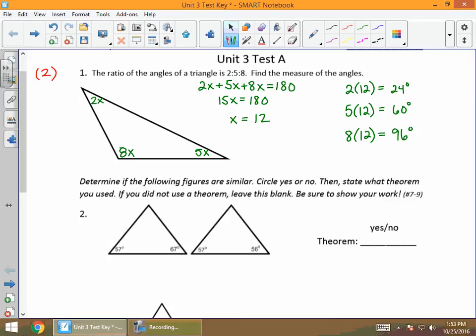So the second point came if you found all 3 degree measures, the 24, 60, and 96. You had to have all 3 of them to get the point. If you only gave me the 3 angles and did not show me the work on how those answers came up, you only got one of the 2 points there. So 2 points were available, but you had to show both the work and find the solution to get both points.